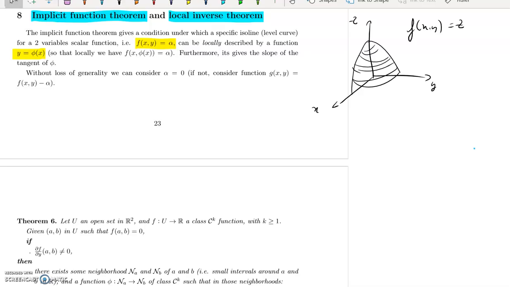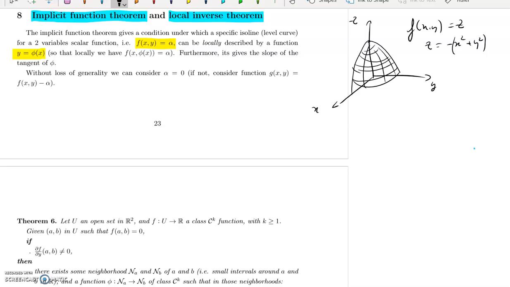And if that's a downward looking parabola like this one, we can even give some equations for that. z is going to be equal to, well, a downward parabola would be like this: minus x squared minus y squared. And if I don't add anything, that would be starting at 0.